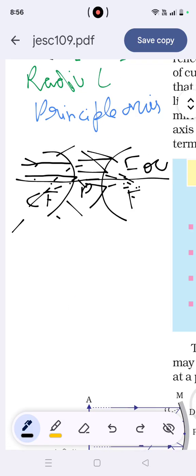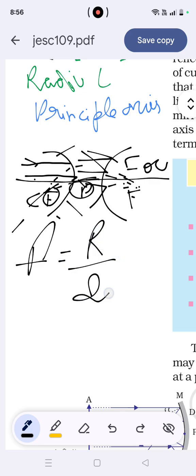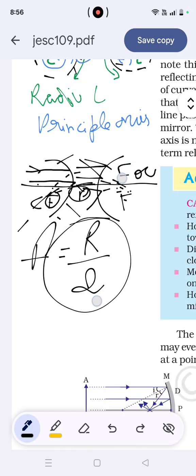Focal length is the separation between the focus and the pole. The relationship is focal length f equals R upon 2, radius of curvature upon 2. This is a very important formula, girls. You have to remember this.